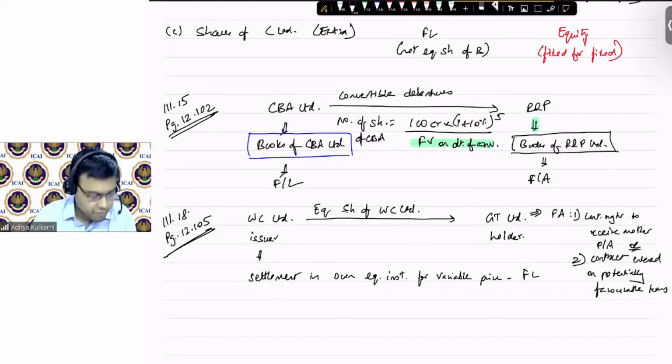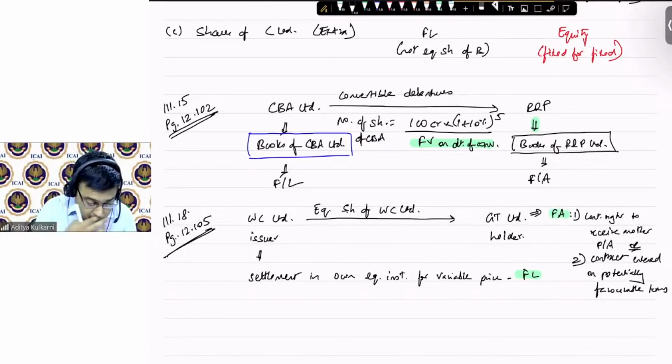You can think of it either way and your answer will be right. Okay, so for GT Limited, it will be a financial asset. For WC Limited, that is the issuer, it will be settlement in own equity instruments for a variable price and therefore a financial liability. Okay, so this is your answer to that question.